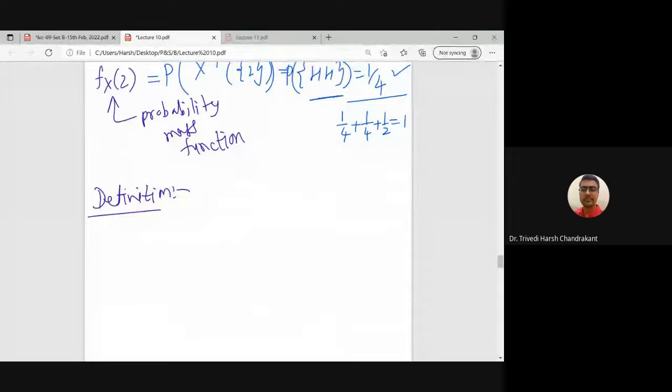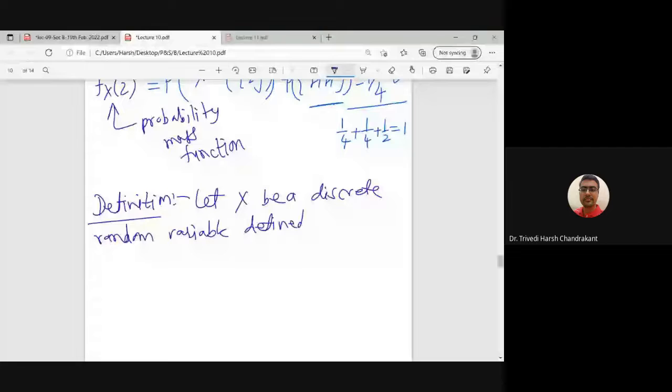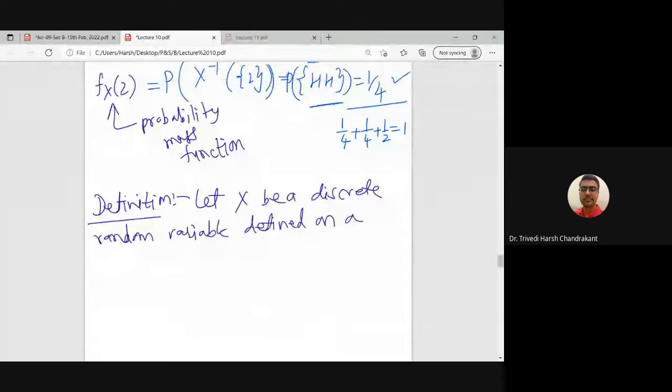So let us define this function. Let X be a discrete random variable defined on a probability space (Omega, F, P).